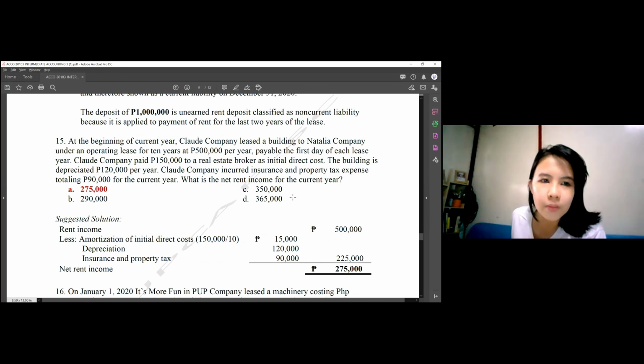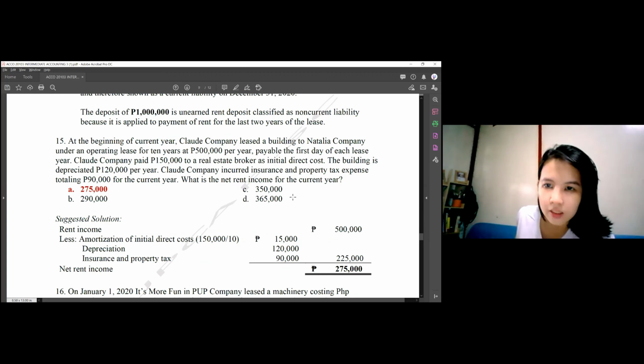So, the building is depreciated 120,000 per year. And si Claude Company ay nag-incur na insurance and property tax expense totaling 90,000 for the current year. Ang tanong, what is the net rent income para sa taon na ito for Claude?